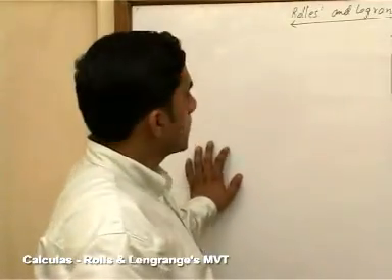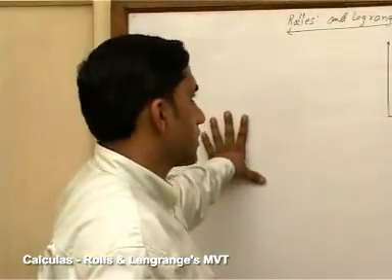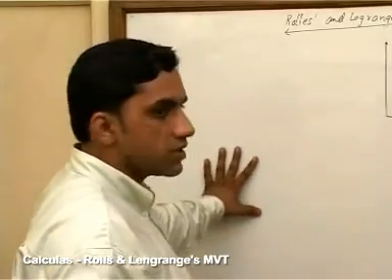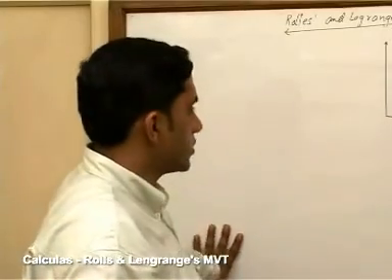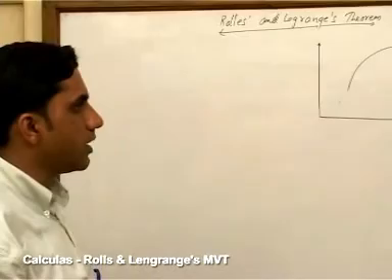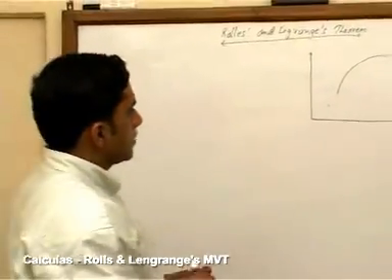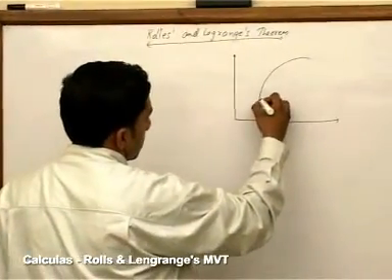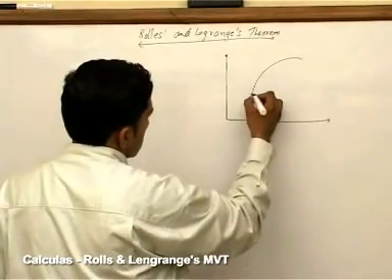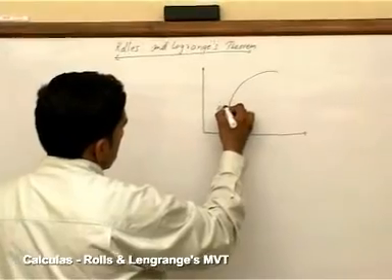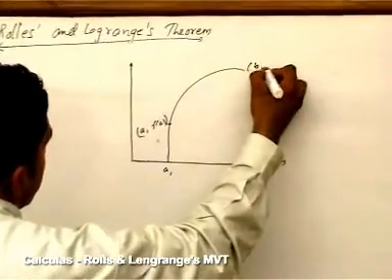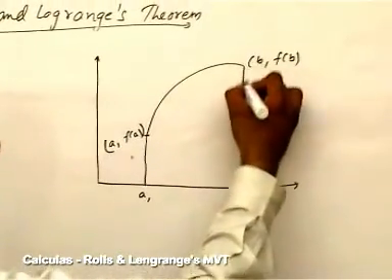Ready? Yes, sir. Now let us discuss Lagrange's mean value theorem. According to this theorem, if a function is continuous and differentiable, without the property that there exists an equality at the extreme points, say this point is a, f(a) and this point is b, f(b).